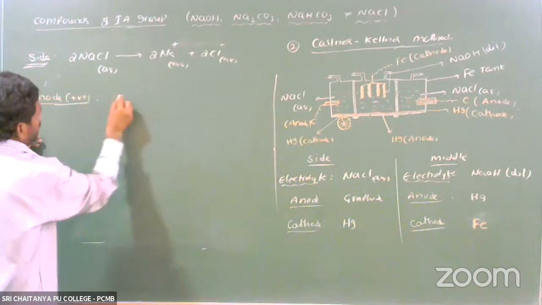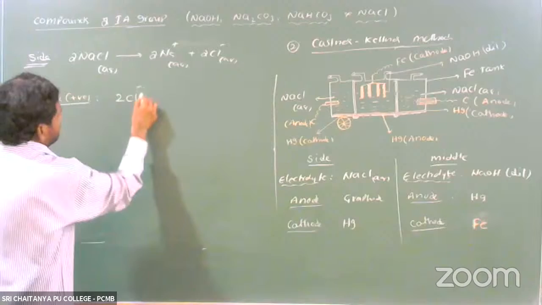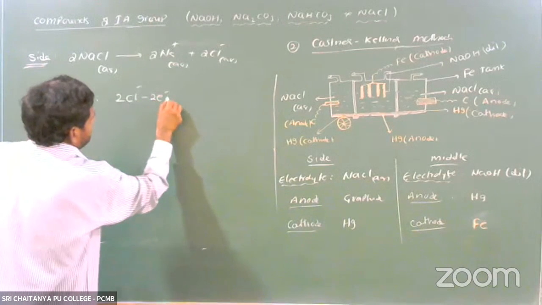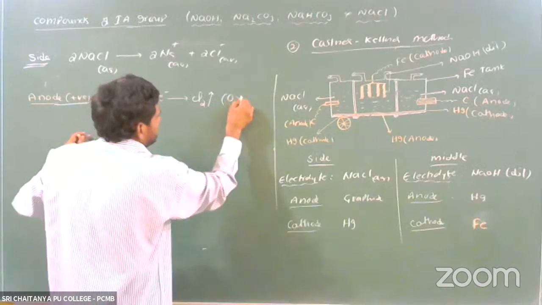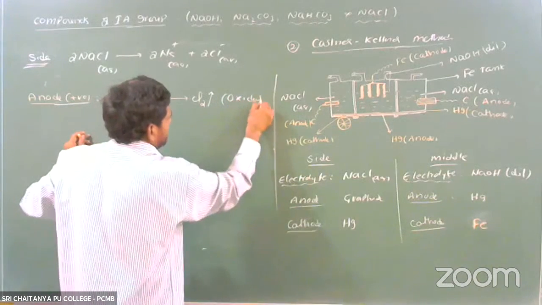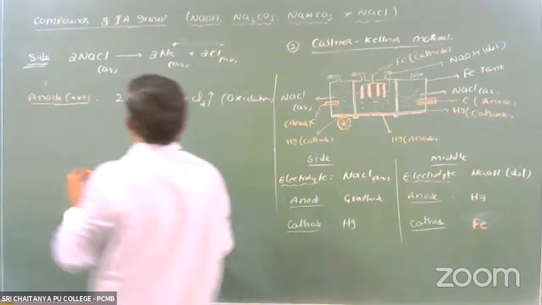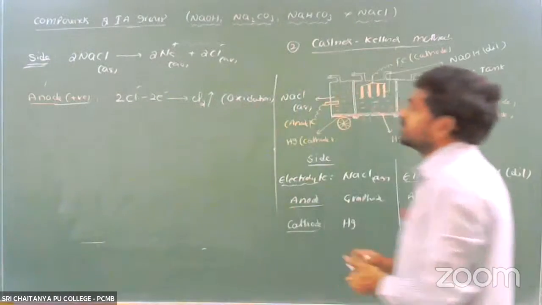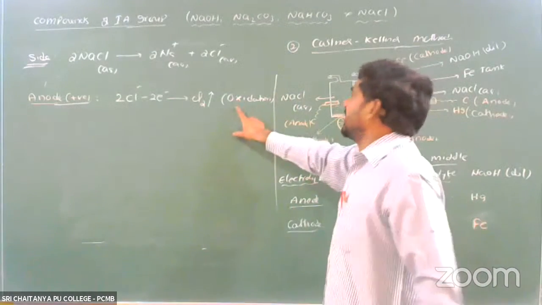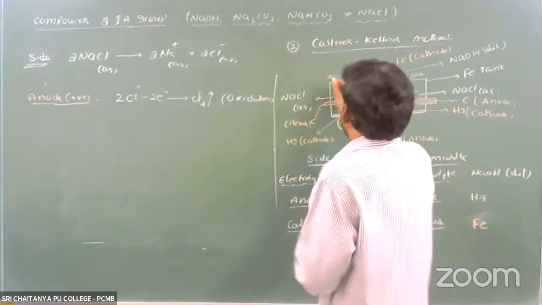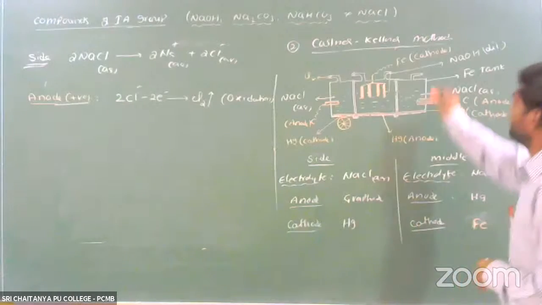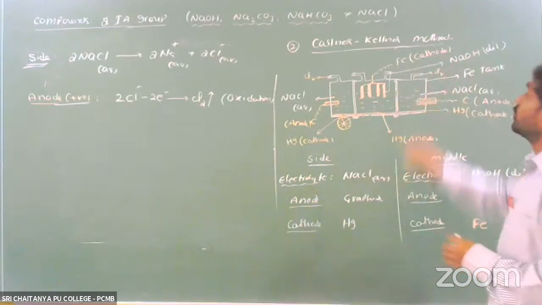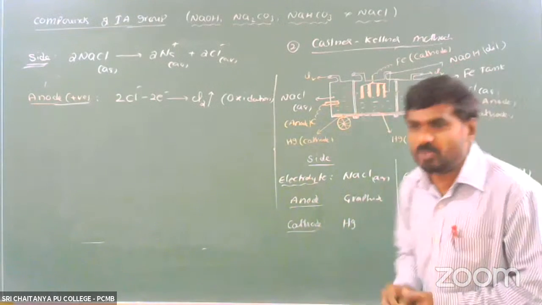At anode, 2 chloride ions lose 2 electrons, which is de-electronation, and chlorine gas is liberated. It is called oxidation. In the electrolysis process, the reaction at anode is oxidation. So chlorine gas is liberated from the side compartments.